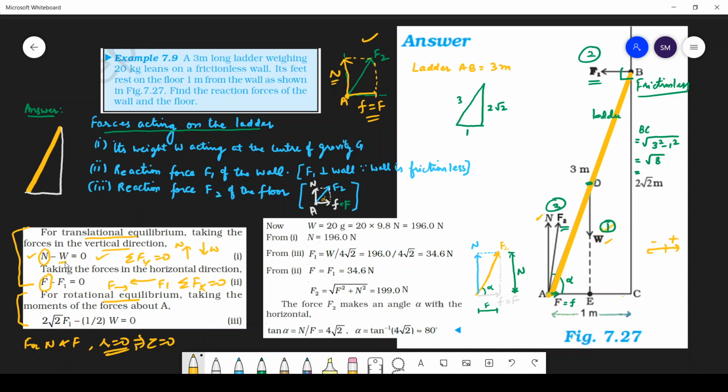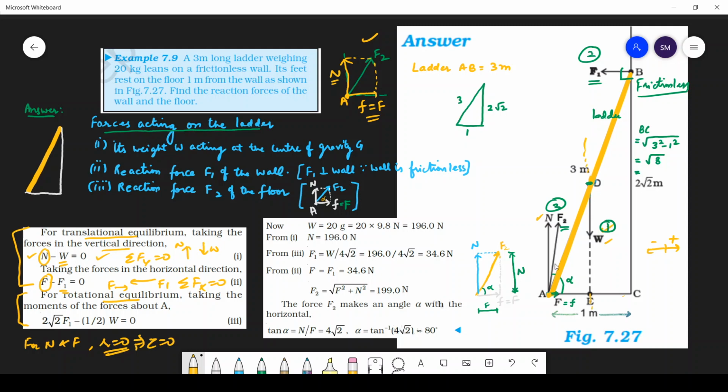Now you are left with W and F1. So for W, you need to find out its distance. Which distance you are supposed to take? You are supposed to take the vertical distance. So this is your line of action, right?